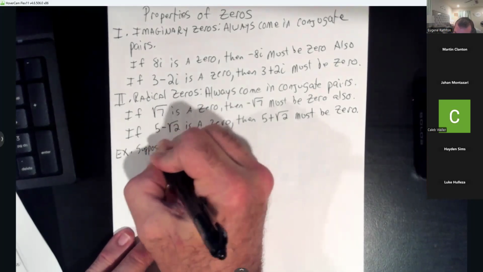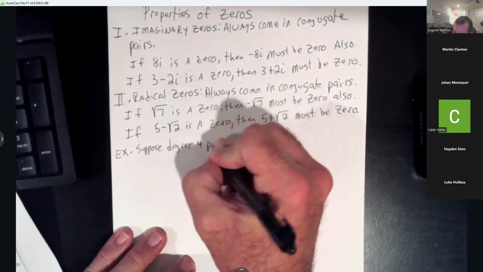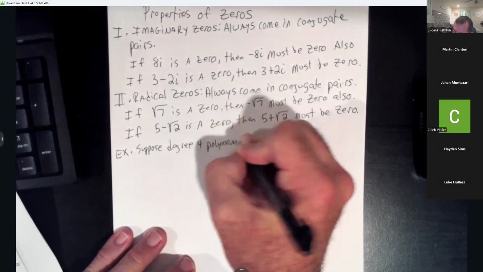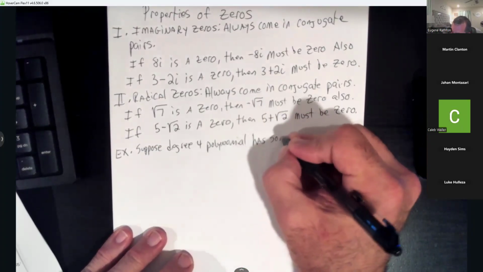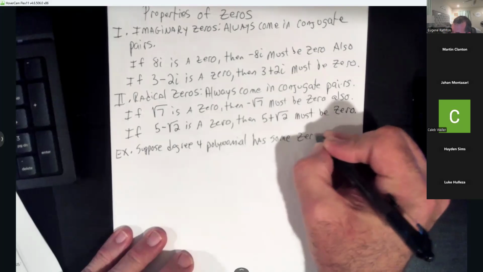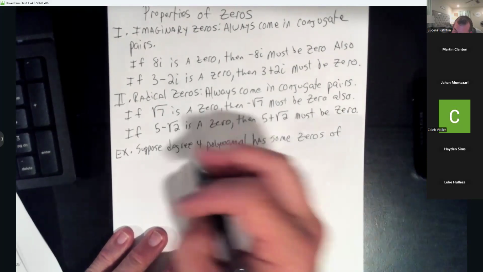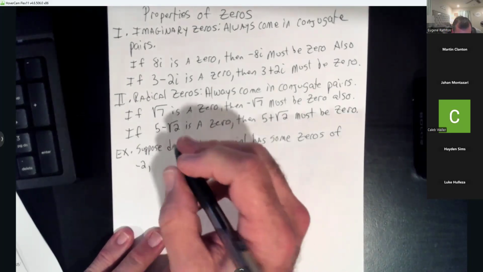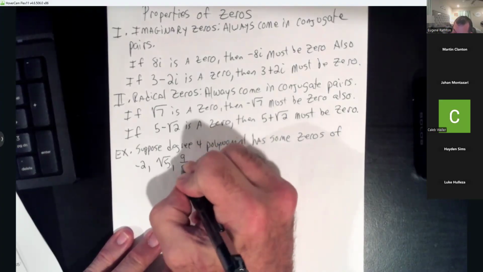Suppose a degree 4 polynomial has some zeros of, let's see, they're giving me a negative 2, a square root of 5, and a 9/5.